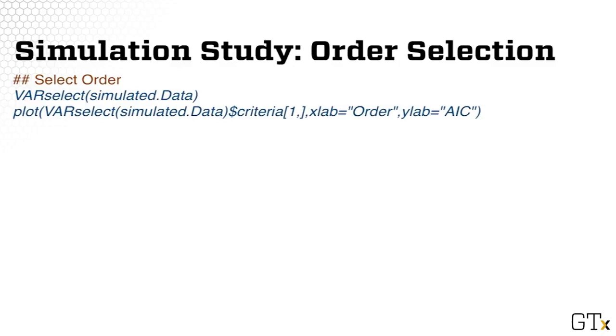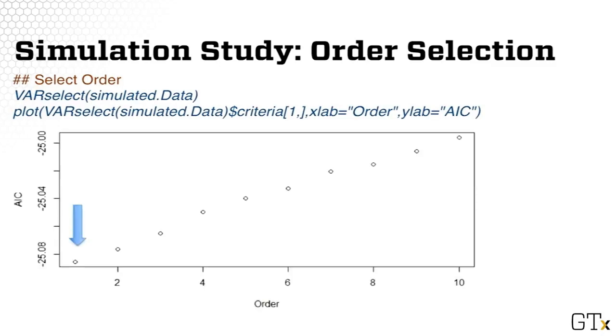Here, I'm also plotting the AIC values for different orders of the VAR model. And this is the plot. According to this plot, we can see that the selected order is equal to 1. And this was the order that we simulated in the VAR1 model.